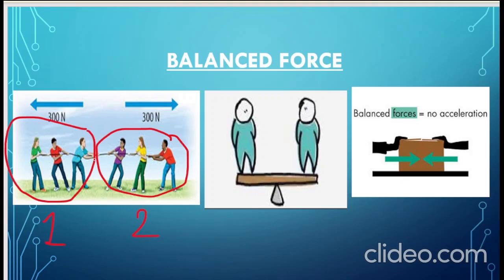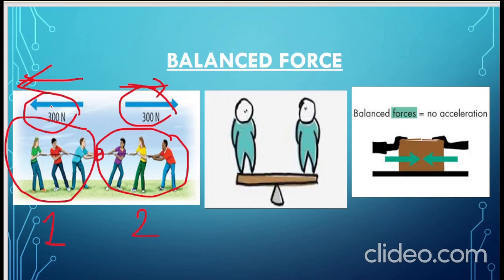Now if there is a piece of cloth in the middle of them, group 1 is applying 300 Newton force and group 2 is applying 300 Newton force. So the forces are equal in magnitude, 300 Newton, but acting in opposite directions. This one is pulling towards the west, and group 2 is trying to pull it towards the east. When both pull in opposite directions, there will be no net force, which is called balanced forces.